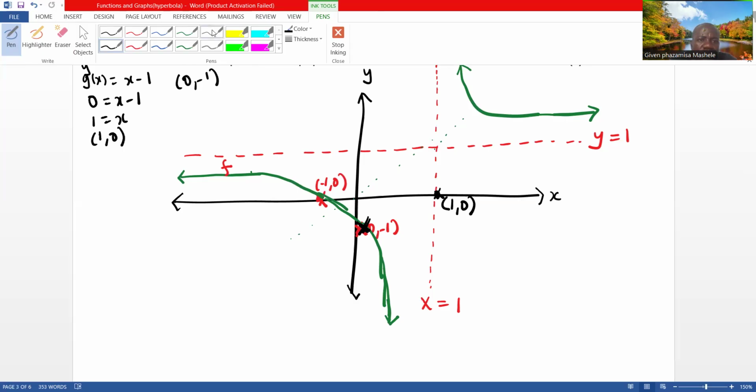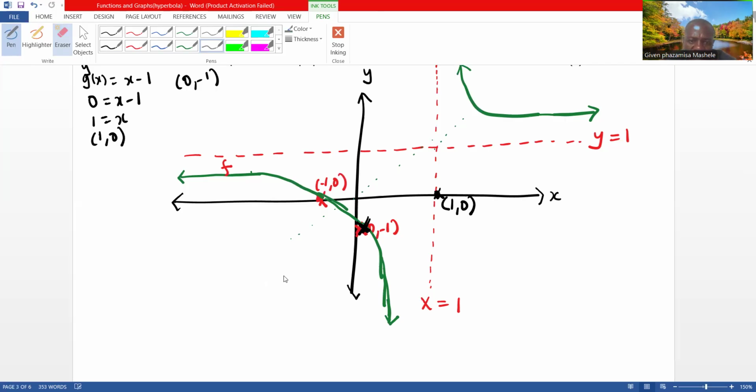So let me use a different color. We're going to draw a line that exactly passes through these points. Let me use blue.